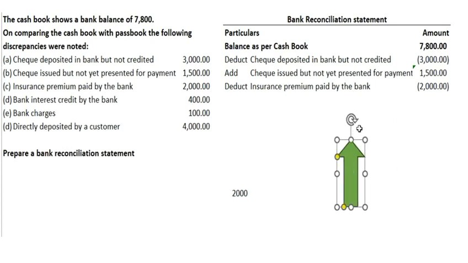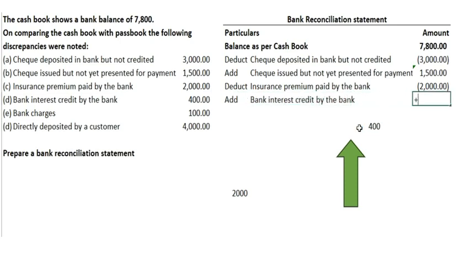So by how much? 400. In order to reach the bank's balance, we need to do what the bank has done. The bank increased our balance, so we need to increase.